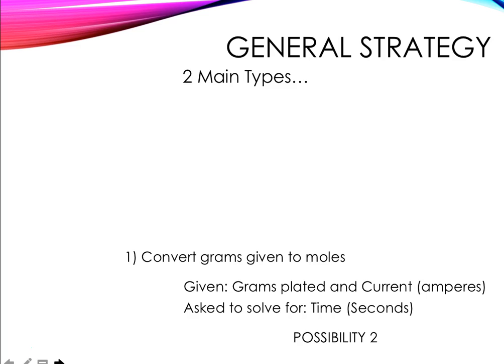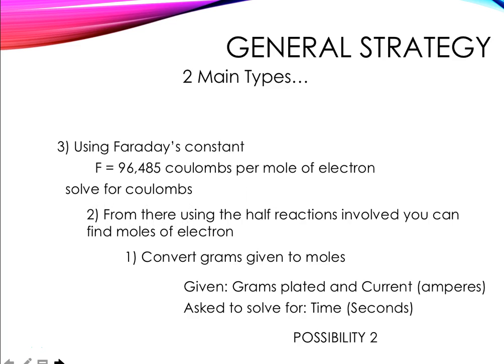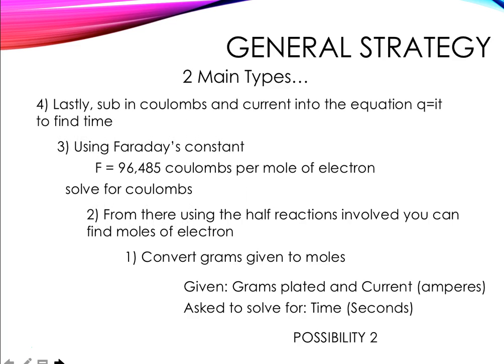We have to take our grams of metal deposited and convert that into moles, and then from the half reaction and the number of electrons involved in that reduction step, find how many moles of electrons were involved. Then from the Faraday, you can find coulombs, and then we can use amps times seconds to find the missing piece. So that's the strategy that we're going to go through.